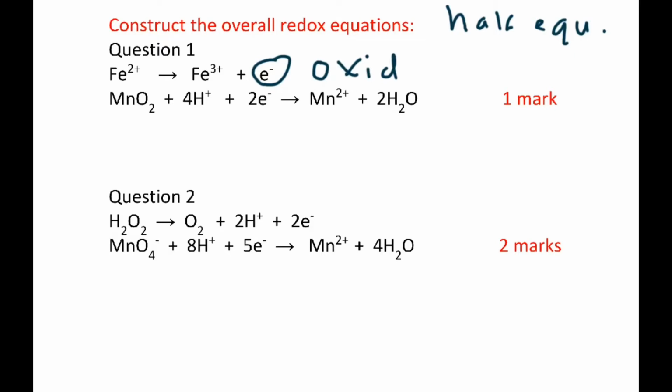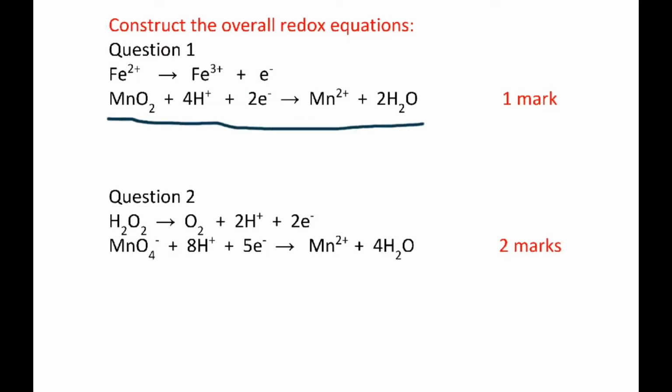And with the second equation with MnO2, the electron has been gained, and that is the reduction half equation. Now this question only has 1 mark because it's quite straightforward. You just have to add together the two half equations and ensure that the electrons cancel out.